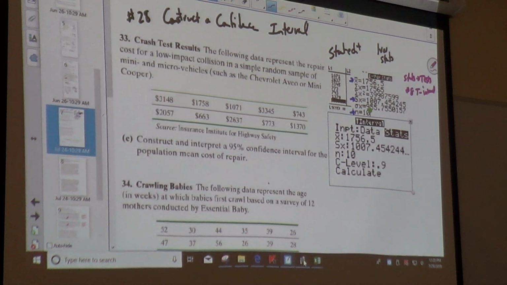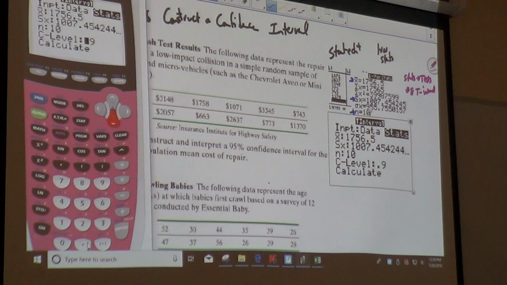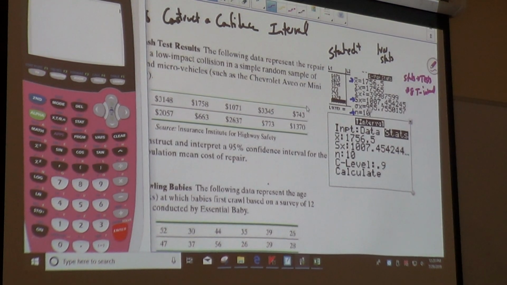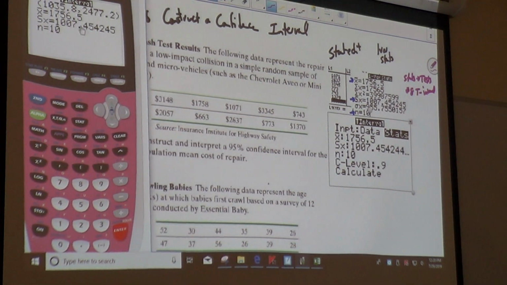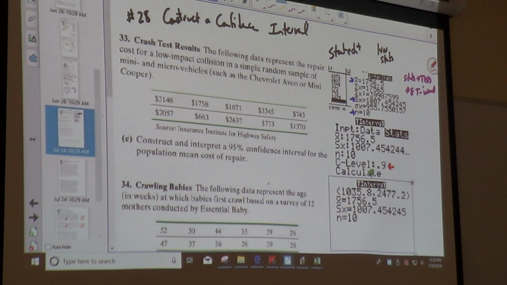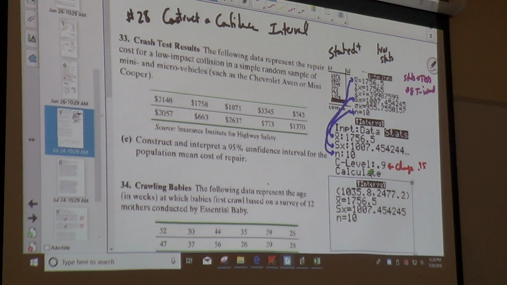So the only thing that I have to fill in is the 0.95, and then I'm going to hit calculate. The other ones got sucked over from the 1-var stats. So my confidence interval is going to be 10358 to 10477.2.